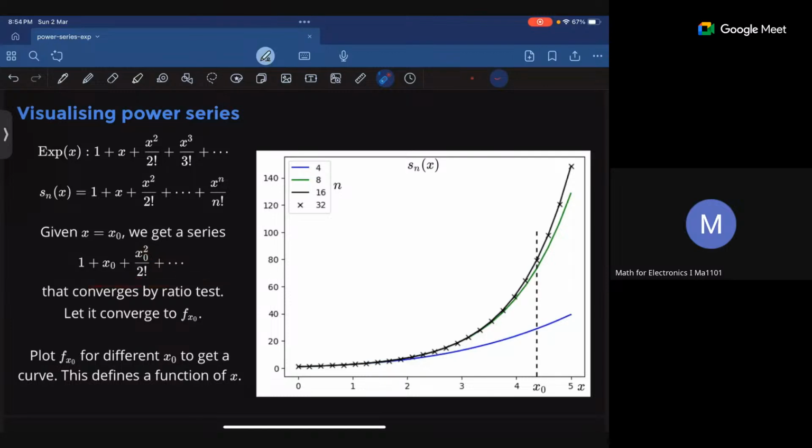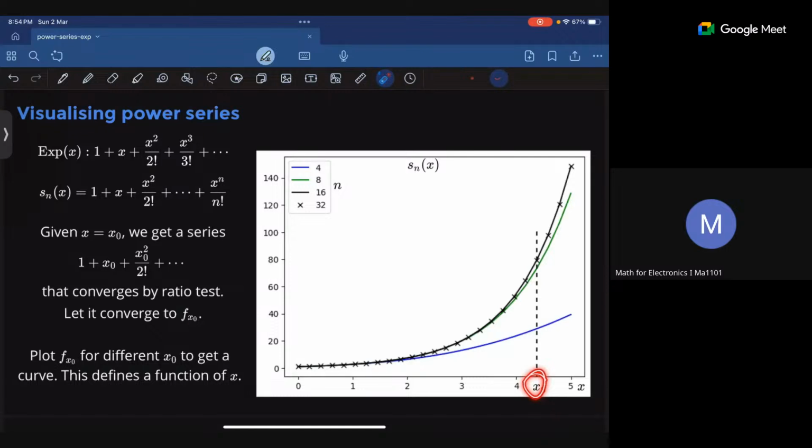It is a fixed value. x naught is a fixed value like 3, or here it is 4.21 or something. So you take 4.21, it just becomes a series: 1 plus 4.21 plus 4.21 whole square by 2 factorial plus and so on. This particular value, as n tends to infinity, starting from 4, it will take this value, this value, this value, and so on, and it will slowly converge to this point.